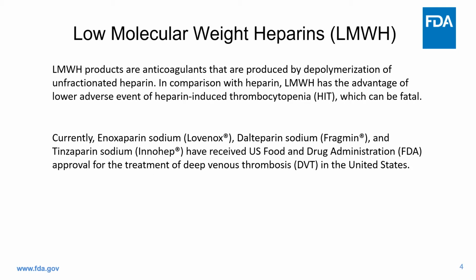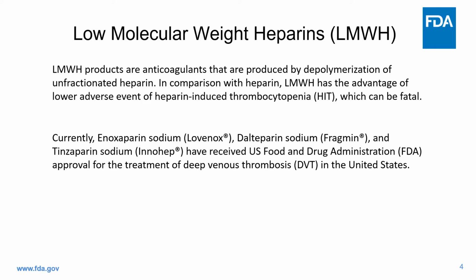First, I want to very briefly introduce the low molecular weight heparins and the pentosans to those of you who are not very familiar with this type of complex APIs. Low molecular weight heparins are anticoagulants that are produced by depolymerization of unfractionated heparin.